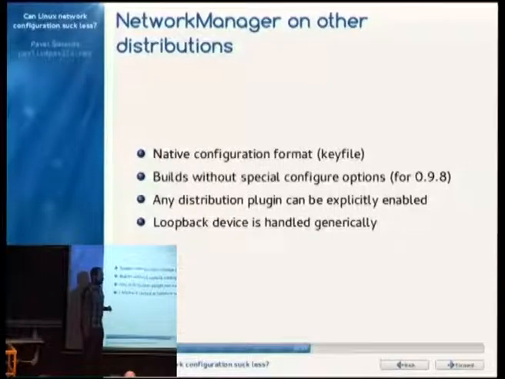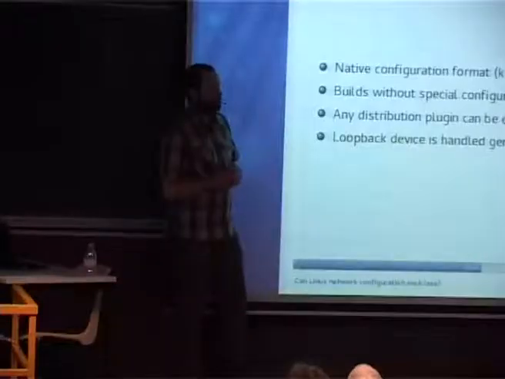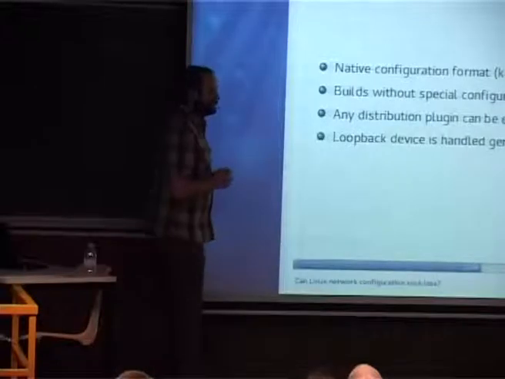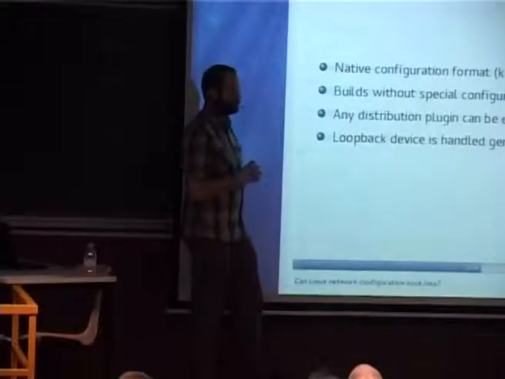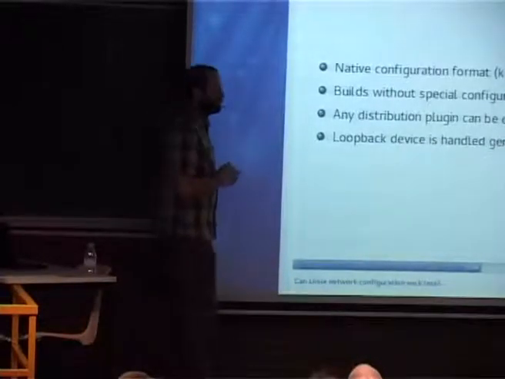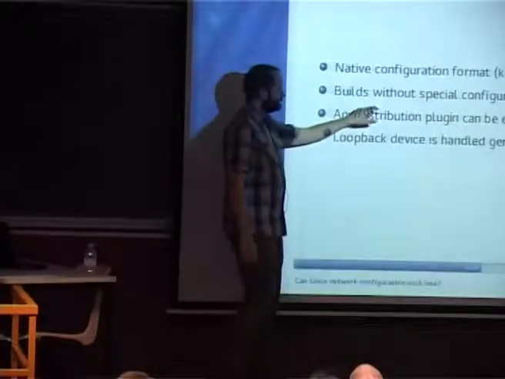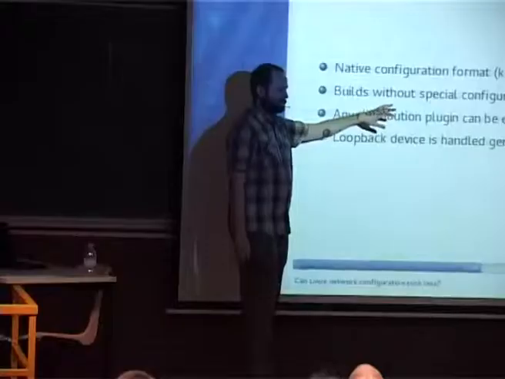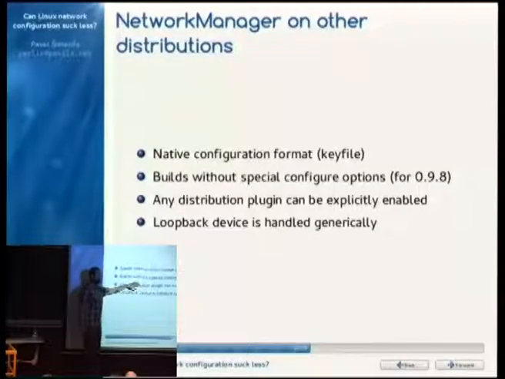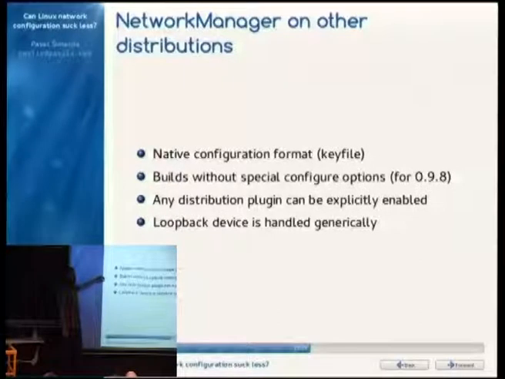We realized that only like four distributions really used something special, and these were usually just the configuration formats. And only one distribution had some real conditional code, which was SUSE because of netconfig, and that's just a small piece of code. So now you can turn on and off these features just by configure options, and it's still the same by default, so it should behave the same as in previous versions if you don't change the configure options.